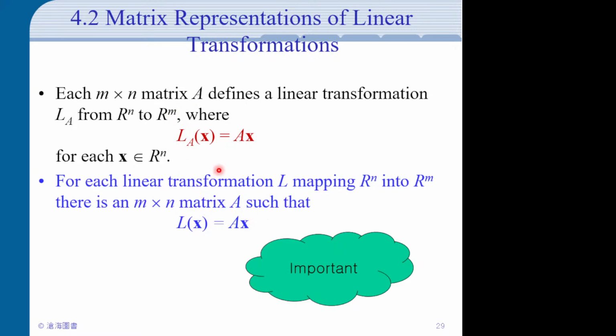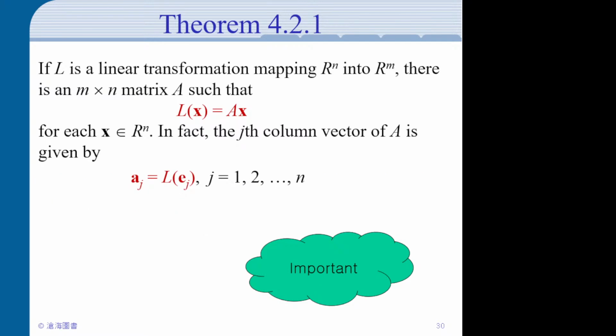Okay, and now we get kind of a reverse of this statement, and we say that actually every linear transformation can be written as a matrix A. So you have any linear transformation that maps x in Rn to some vector in Rn, then it can be written as Ax for some A. So I should probably say A sub L here, because A obviously depends on L. And yeah, so this is our theorem.